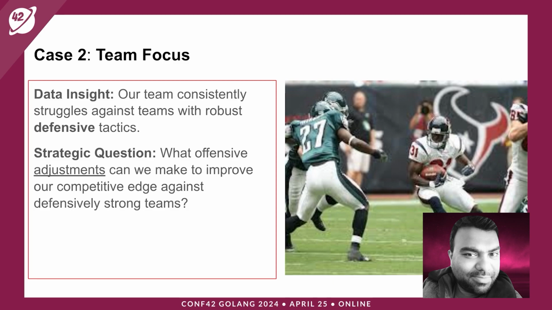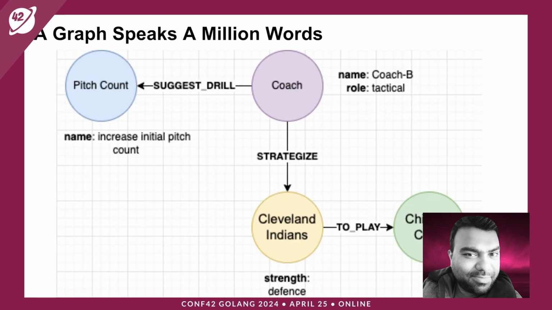So this was again a relationship analysis, on how to tire the opposition in this case, and then what relationship did increased pitch counts in the beginning have. Again, this can be effectively represented by a graph, as seen here, like how the pitch count and the suggestion drills by the coach did play a relationship effectively in the gameplay.